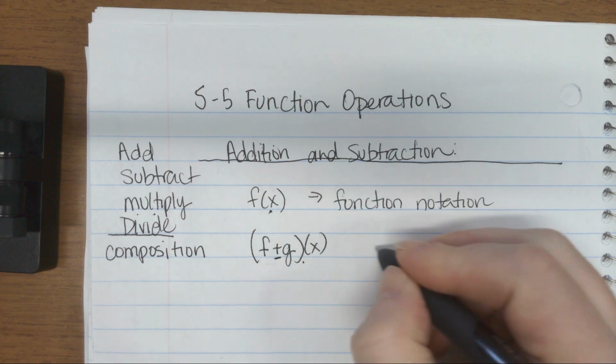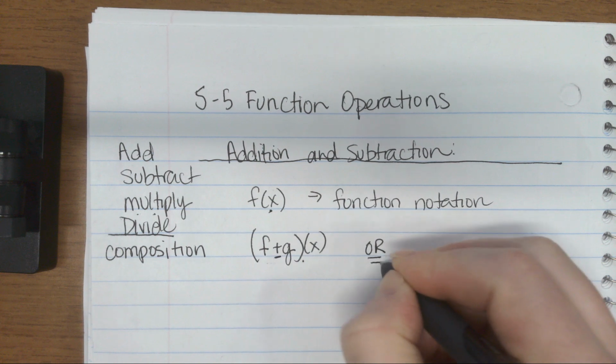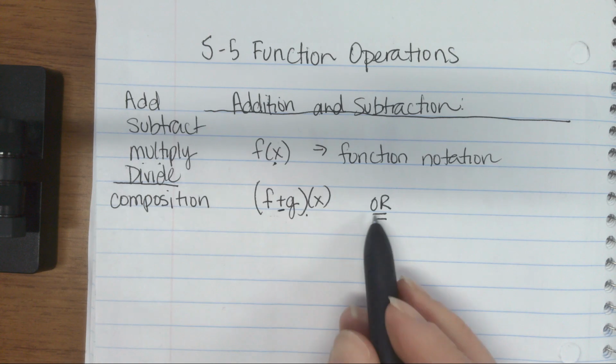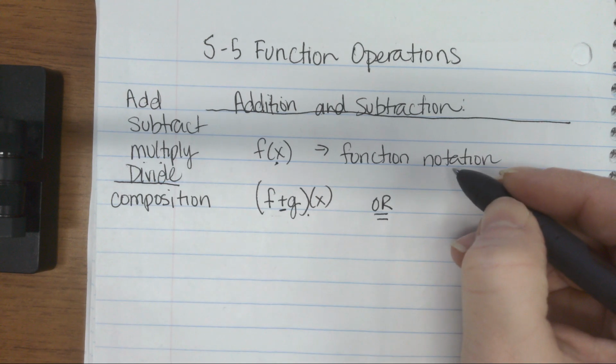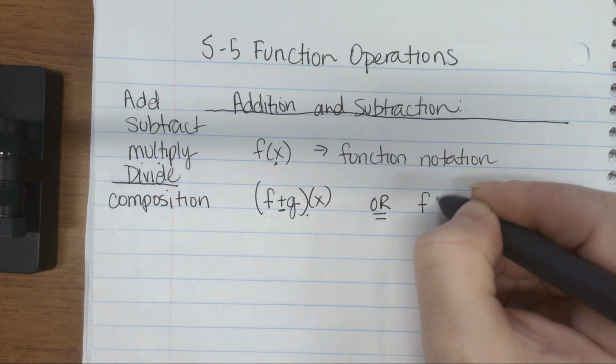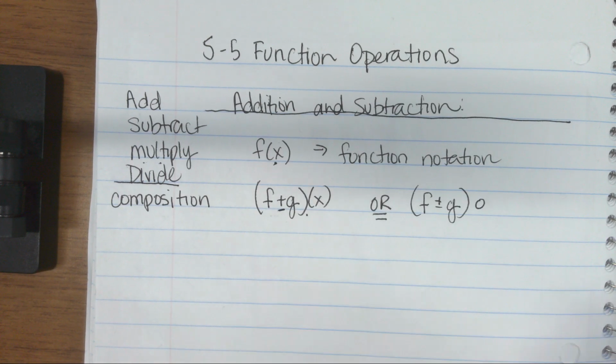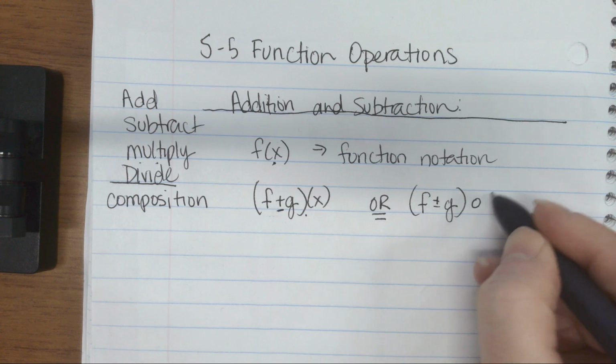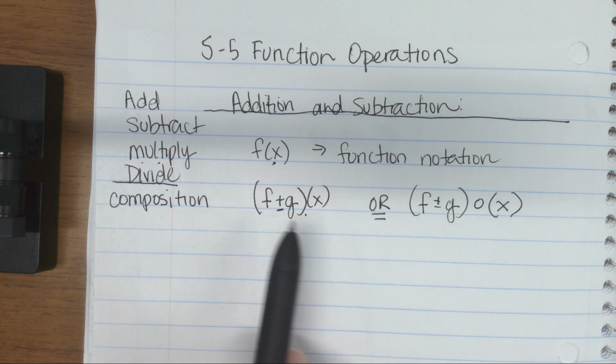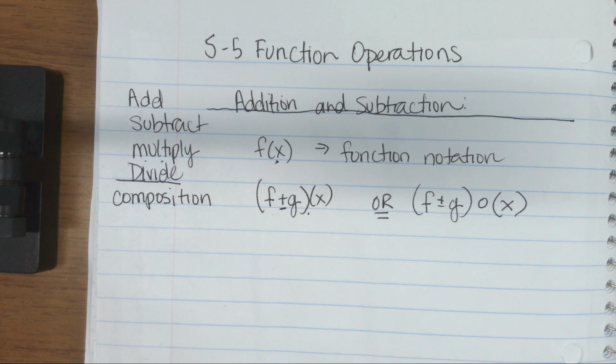Or another notation, which I tend to use more often, is f plus or minus g, and then this open circle. It's not a multiplication sign, it's a little open circle, of x. If you see either of those things today, that's going to tell you, hey, you need to add those two functions and put them together.